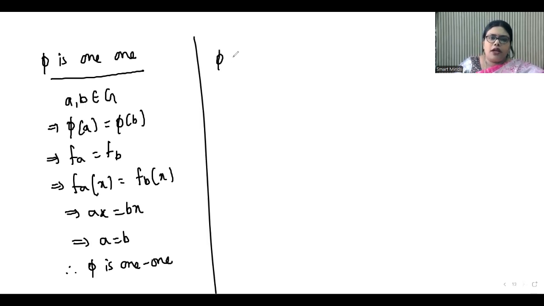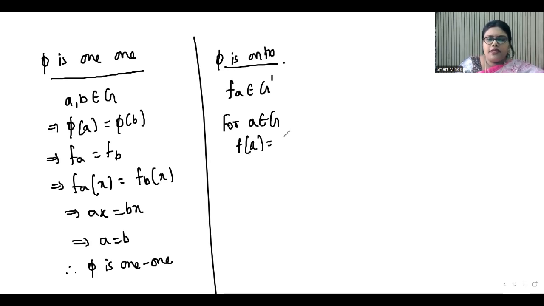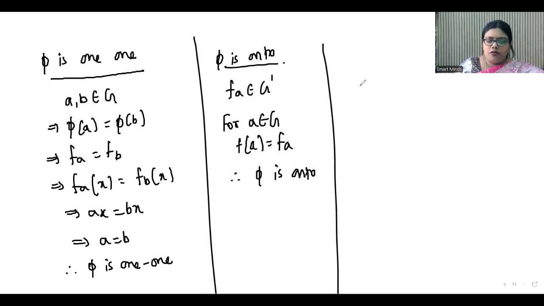Now we will show that phi is onto. So FA belongs to G dash. For A belongs to G, phi of A is equal to FA. Therefore, phi is onto. Now we need to show that phi is a homomorphism.